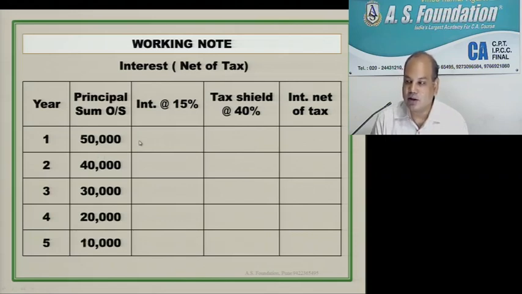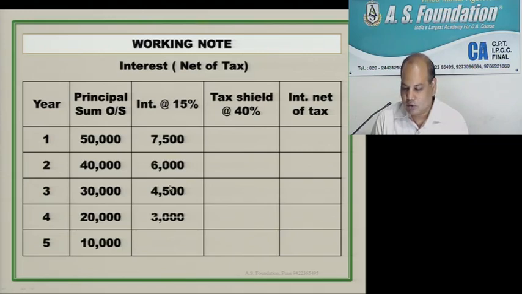Calculate interest at the rate of 15%: 7,500, 6,000, 4,500, 3,000 and 1,500. Is it right?